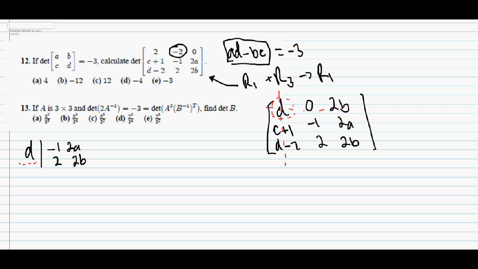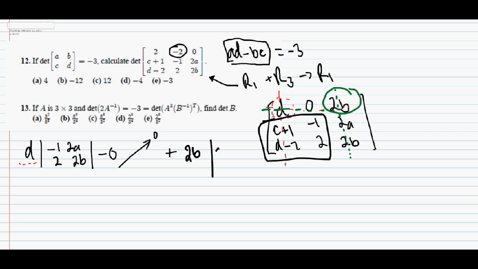Then it switches signs, so we get -0 times all this, so it just cancels out. Then we add again, and using green, we cancel out this row, keep this number, and get 2b times all of this: c plus 1, -1, d minus 2, and 2.